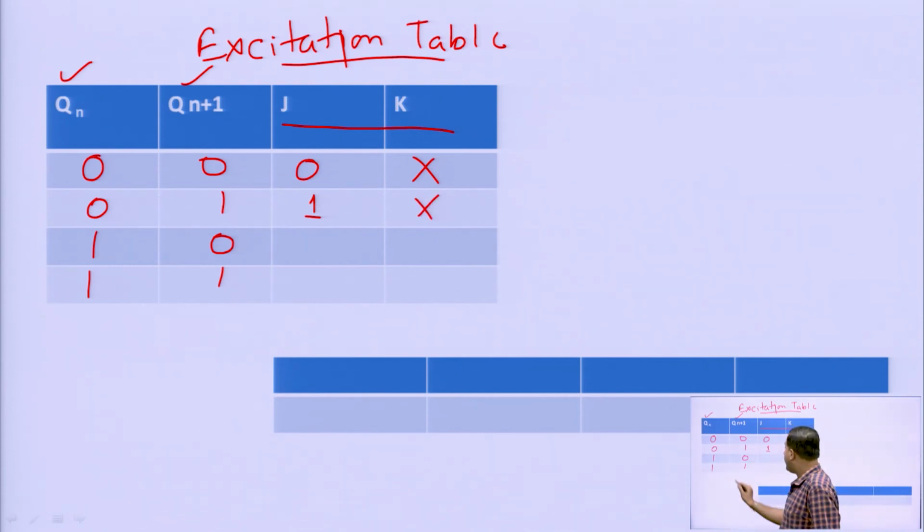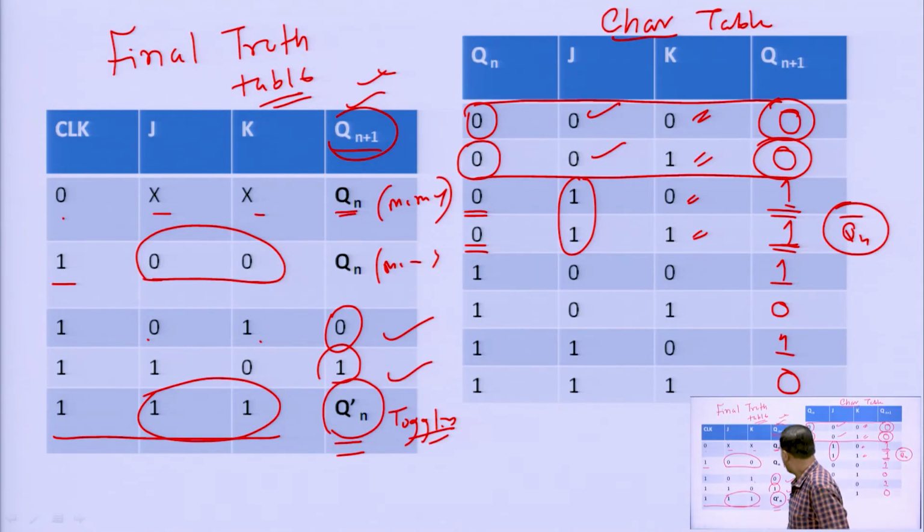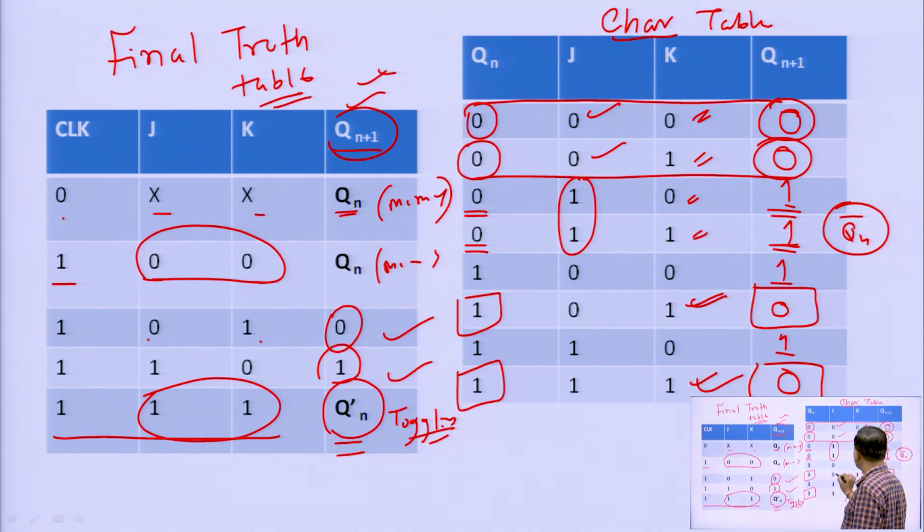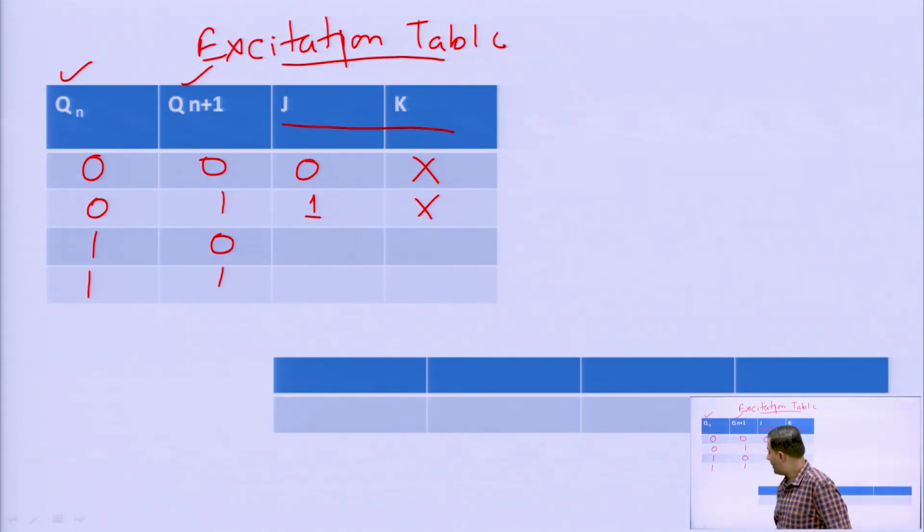Now, similarly 1 0. Let us check this condition, Q n = 1 and Q n+1 = 0. Here K value is 1 for both the cases, but J is now 0 and 1. So, we can write cross 1, because K is 1 in both the cases and J is changing.